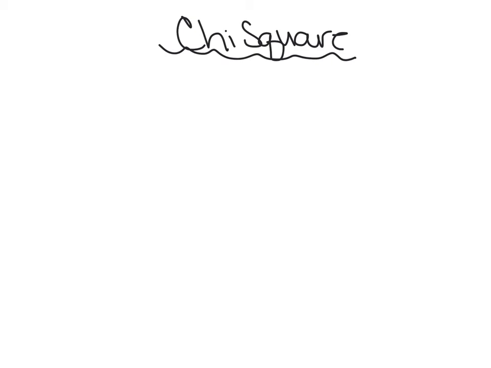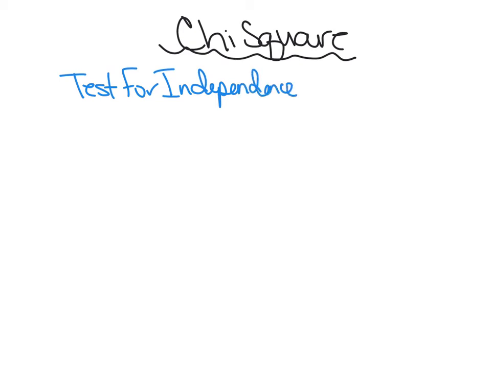And then the next are our chi-square tests. We have two different types of chi-square tests. We have our chi-square test for independence, and we have what's called goodness of fit.